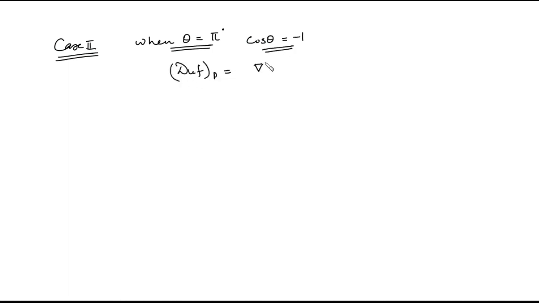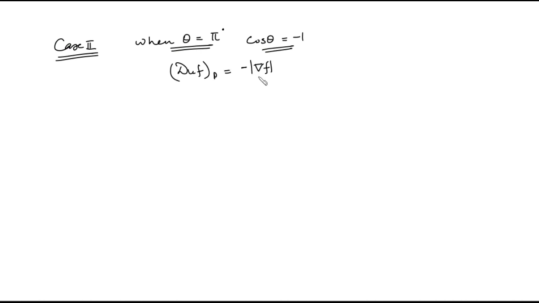Now the case 2. When your theta is pi, then cos theta will be -1 and the value of the directional derivative will be minus of mod of del f, right?